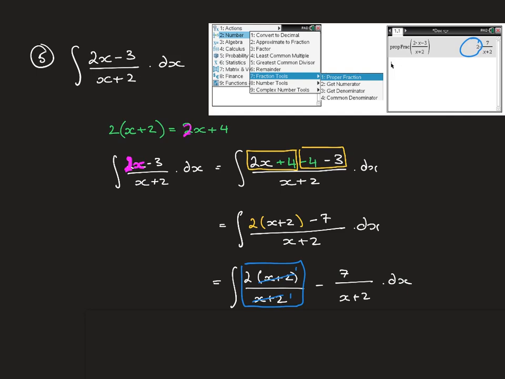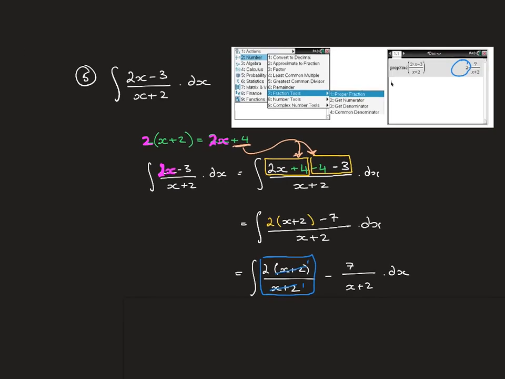I wanted to have in my multiple of my denominator a 2x, which means that I needed to put a 2 here. And then whatever came out as a result of that is what I then added in and took out, so that I could use that multiple to cancel down later.